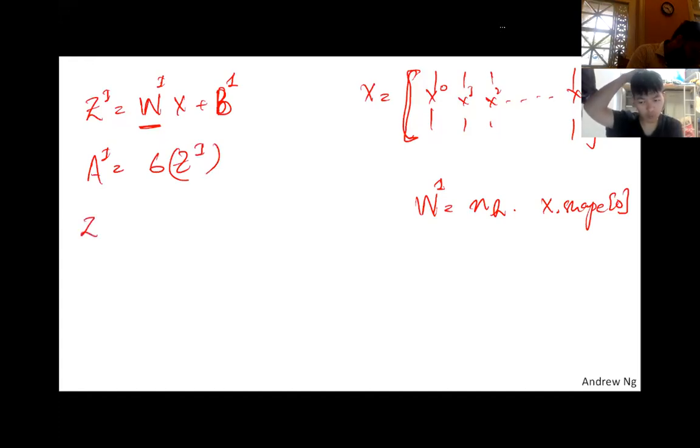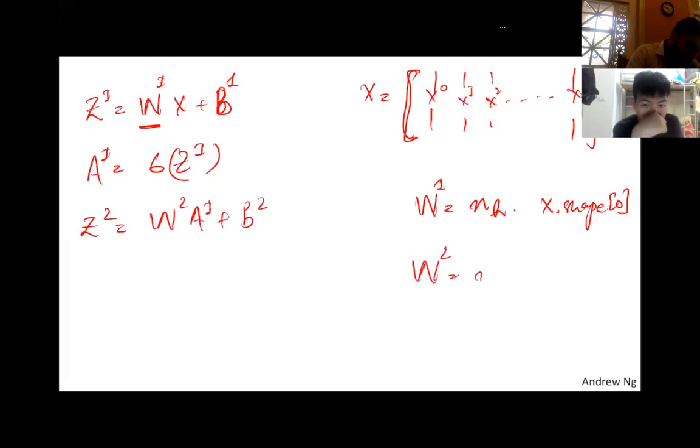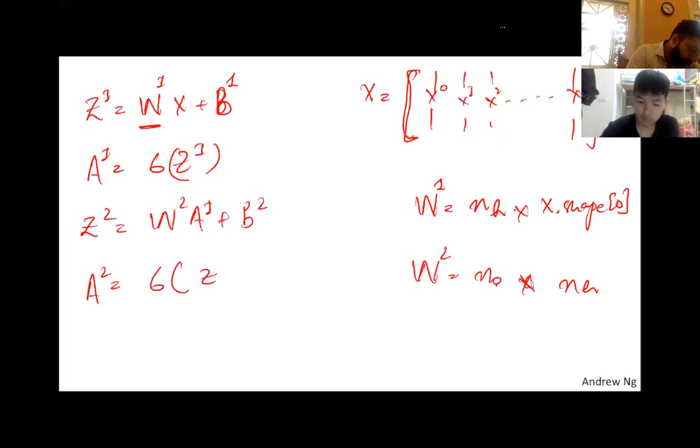Then Z2 would be W2 times A1 plus B2. The size of W2 would be n_out, which is the number of outputs that you want, times NH. NH is the number of hidden units. And A2 would be sigmoid of Z2.